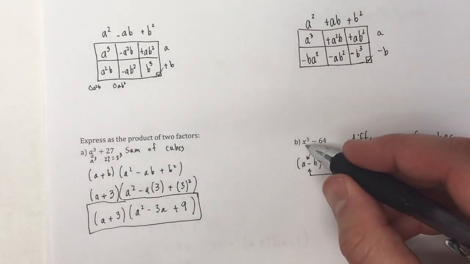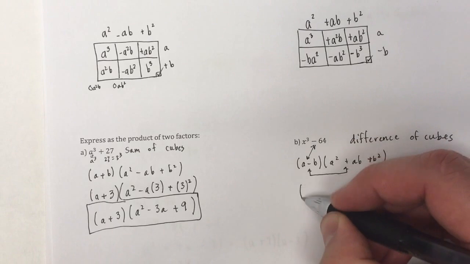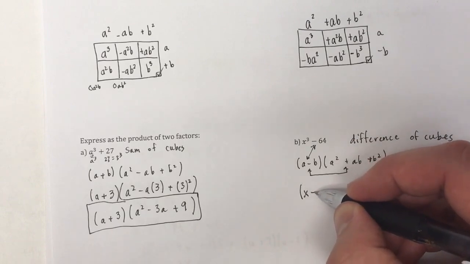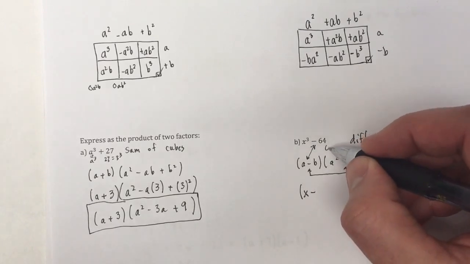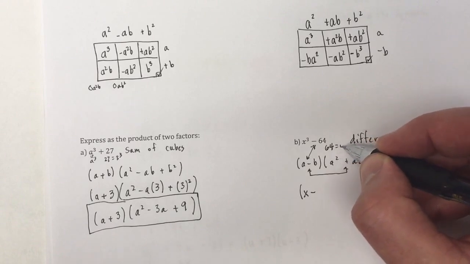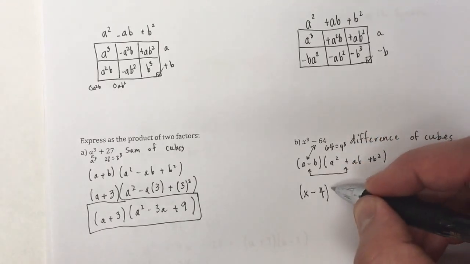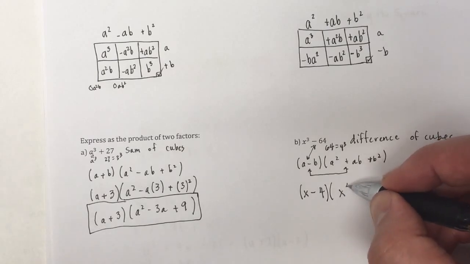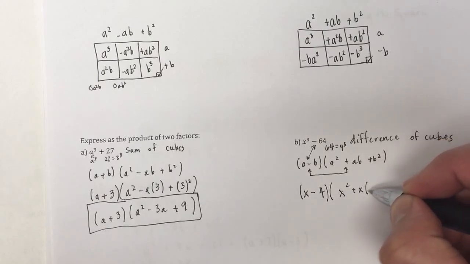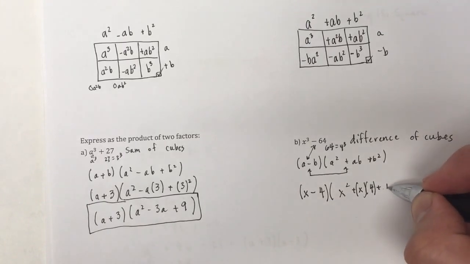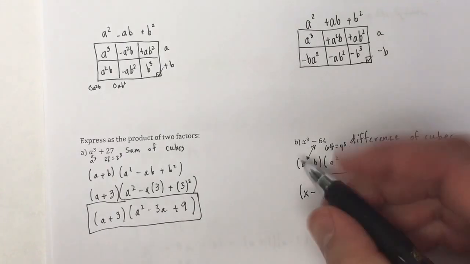A in this scenario is equal to x, so I'm going to make that substitution, minus 64. Well, what cubed is equal to 64? 4 cubed is equal to 64, so I make the substitution: x minus 4, times x squared plus x times 4 plus 4 squared.